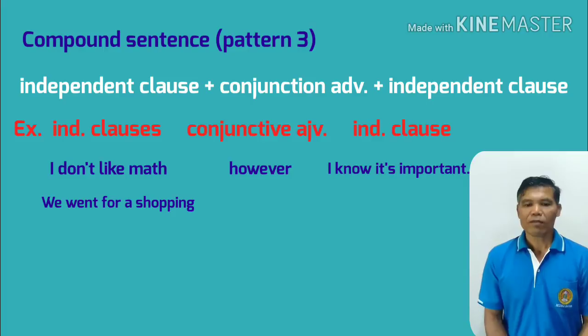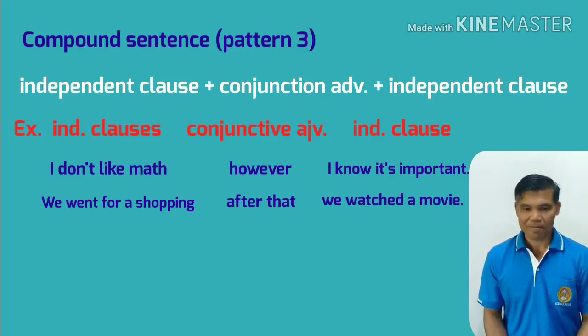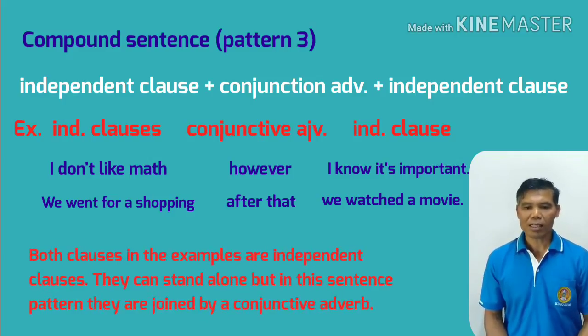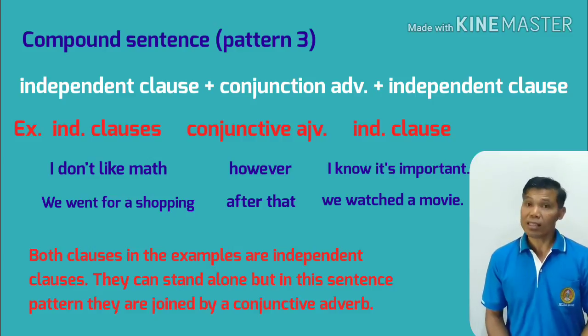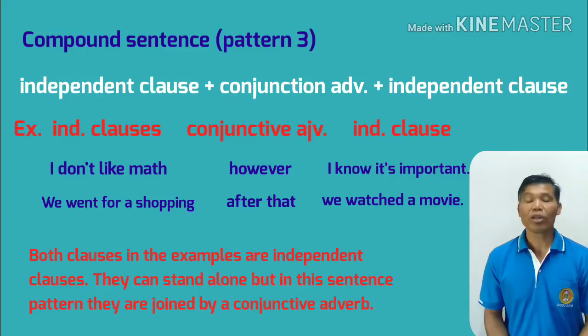We went shopping. After that, we watched a movie. Both clauses in these examples are independent clauses. They can stand alone again, but in this sentence, they are joined by a conjunctive adverb. Okay, that's all for compound sentences.